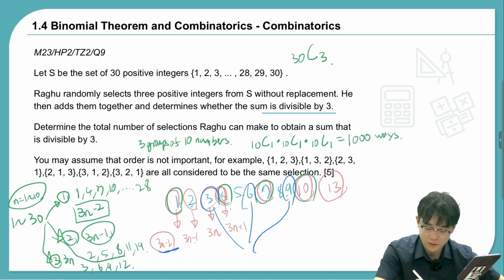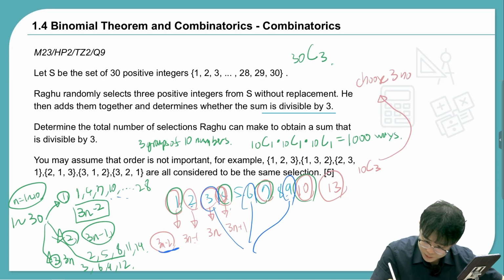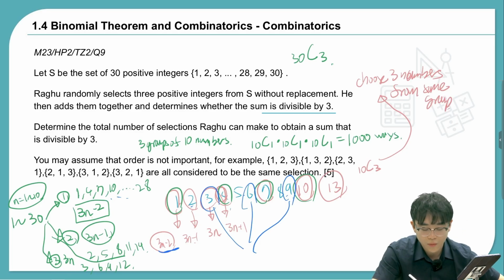So we could choose 3 numbers from the first group, or 3 numbers from the second group, or 3 numbers from the third group. So actually, there could be 10 choose 3. This would mean choosing 3 numbers from the same group, where the group is 3n minus 2, 3n minus 1, or 3n.